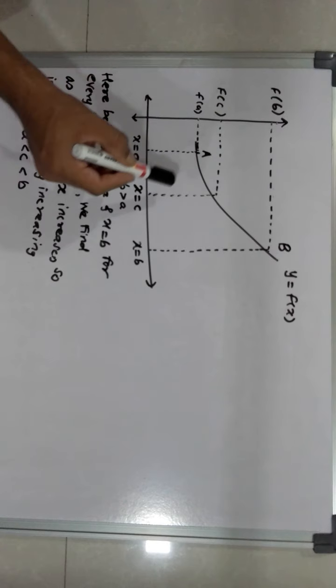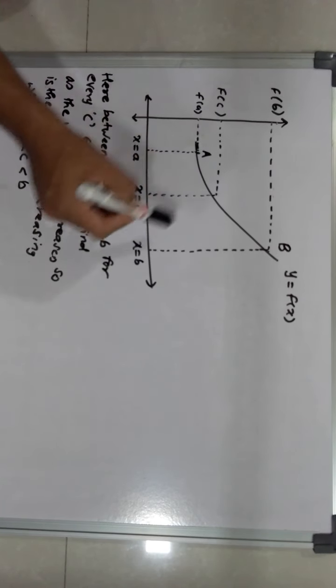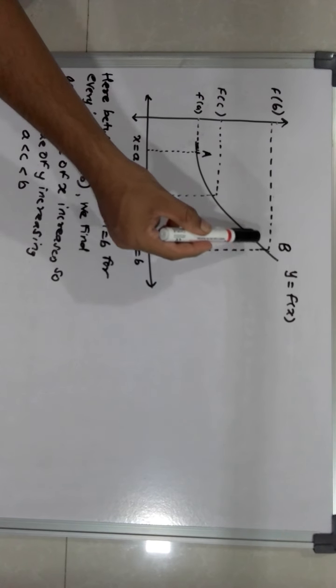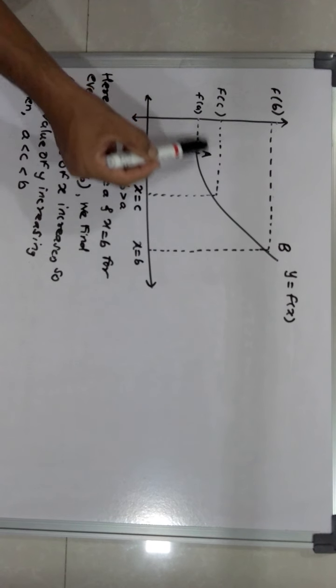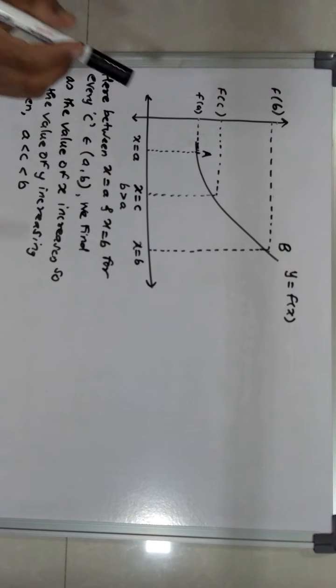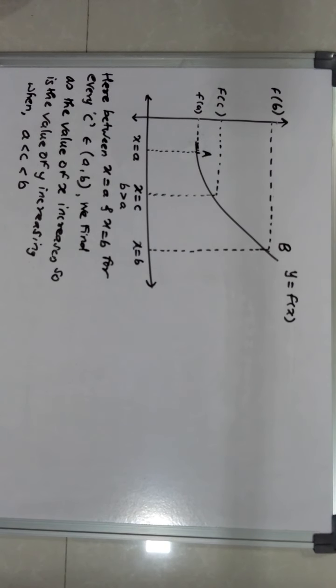You can take it here also, after this also, everywhere. If I come from this side, it is the same: as the value of y decreases, the corresponding value of x also decreases. Means the increase in the value of x increases the corresponding value of y.